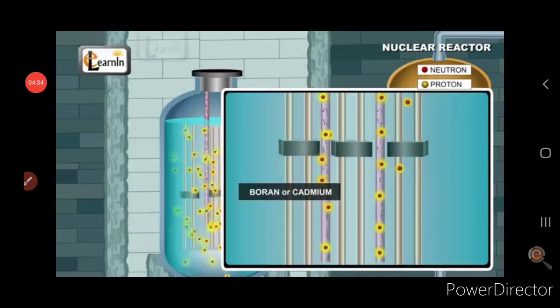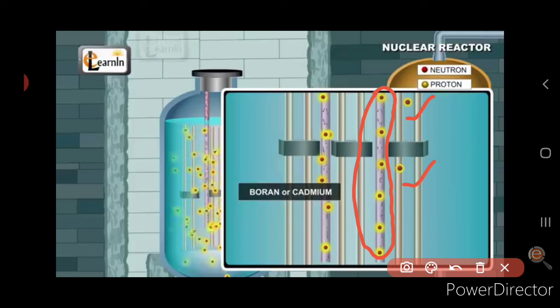In the picture you can see the boron and cadmium rods. The neutrons present on the control rods are absorbed and are not available for further fission reactions. The neutrons that remain available will regulate and control the chain reaction.